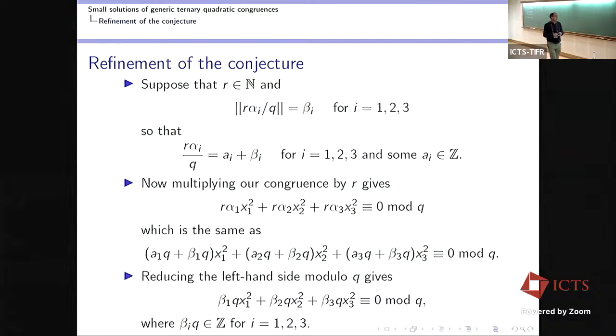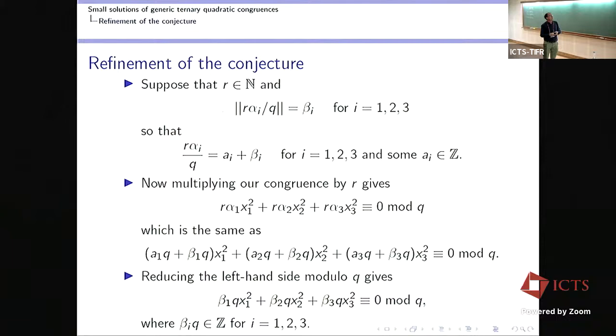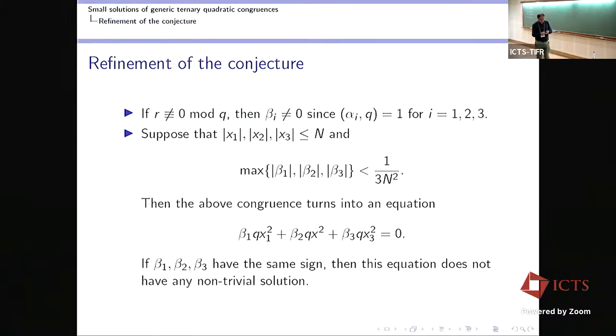And now, again, we get a constraint if beta i times q is small compared to q. Precisely, when we have the maximum of the absolute values of the beta i's is less than 1 divided by 3 n square, then this congruence turns again into an equation.